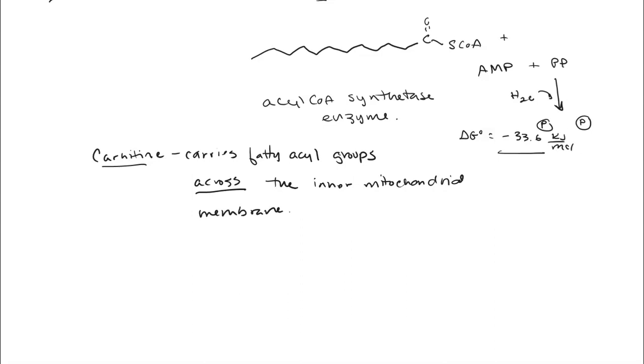These long-chain derivatives must first be converted to acylcarnitine derivatives, which we're going to take a look at in just a second. And it's carnitine acyltransferase 1 associated with the outer mitochondrial membrane, which catalyzes the formation of acylcarnitine, which is then transported across the inner membrane by a translocase enzyme.